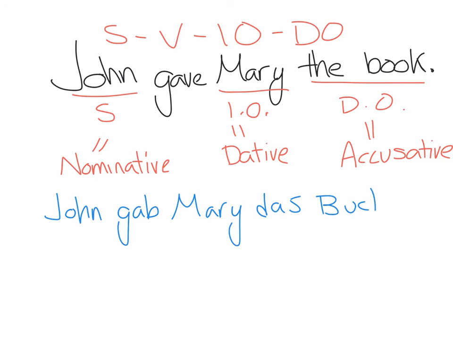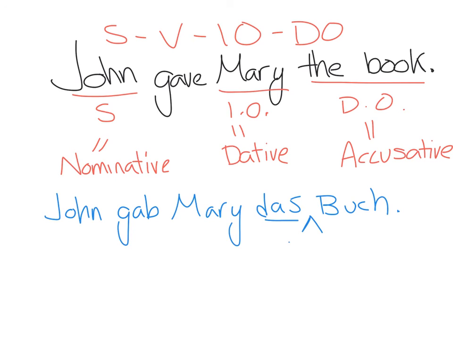If I want to provide an adjective about the book, I know that the book is the direct object, so it's accusative. So if I look at an accusative noun that is neuter because of das, I see that following das, an adjective would have an e ending.